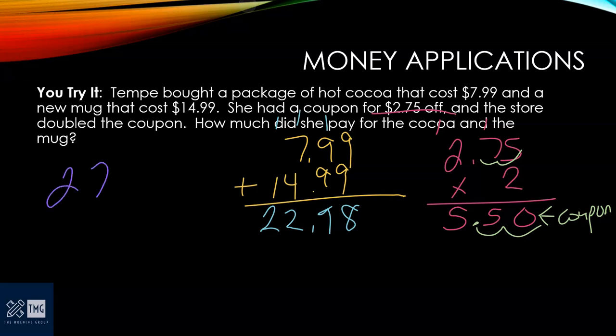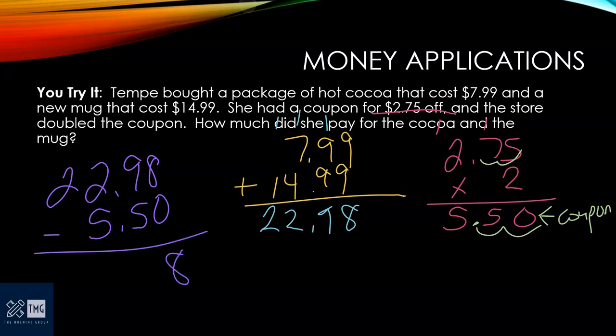So if I'm spending $22.98, but we're taking off $5.50 because of my doubling coupon, if I subtract those, I've got to borrow here. 12 minus 5 is 7. The total cost is going to be $17.48. So this has multiple pieces. We have to add, we need to multiply, and then we have to subtract.